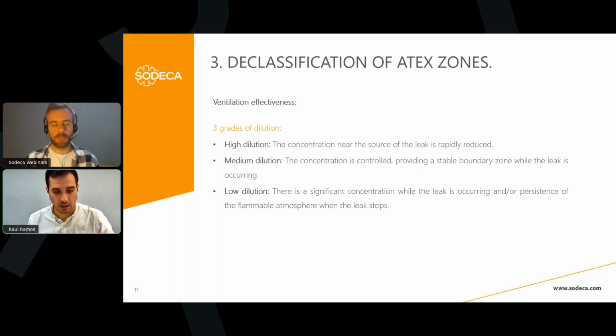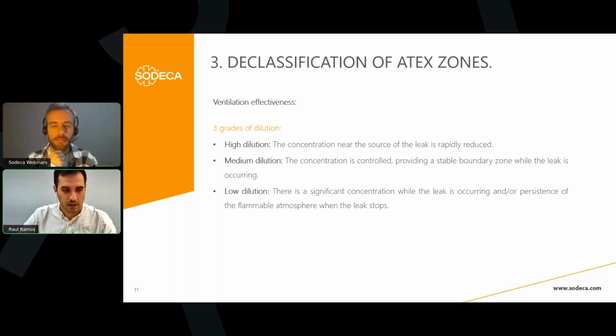About the second parameter, which is the ventilation effectiveness, we have 3 grades of dilution. The most desired in this case is the high dilution, where the concentration near the source is reduced abruptly under the lower flammability level in all the cases. Then we have the medium dilution, where the concentration is controlled, providing a stable boundary zone where the leak is occurring.